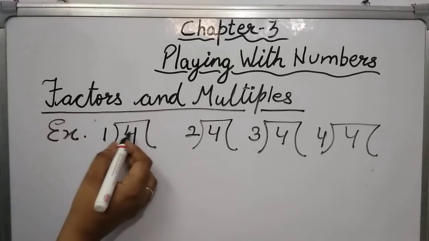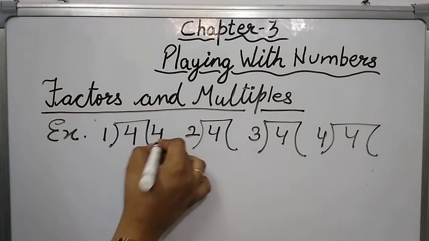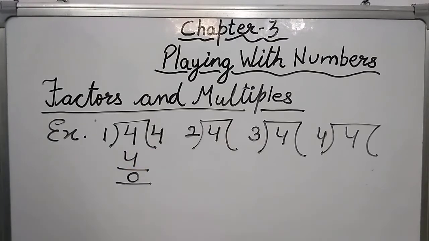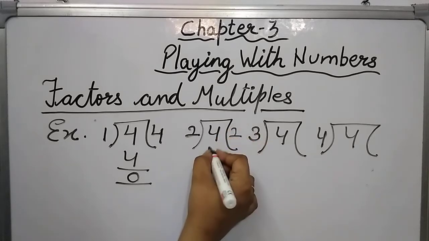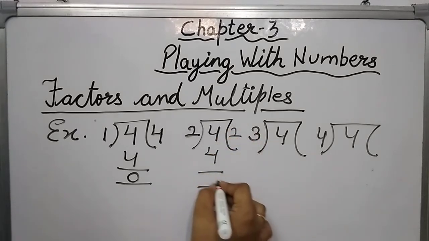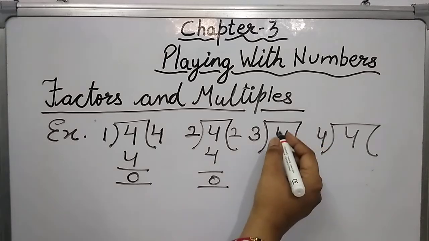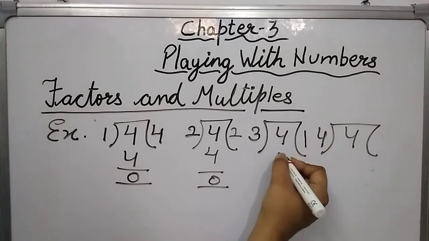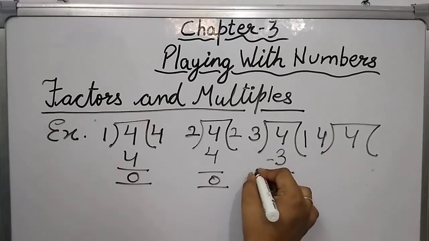When we divide 4 with 1, we get quotient 4 and remainder 0. If we divide 4 with 2, quotient is 2 and remainder is again 0. When we divide 4 with 3, quotient is 1 and remainder is also 1.